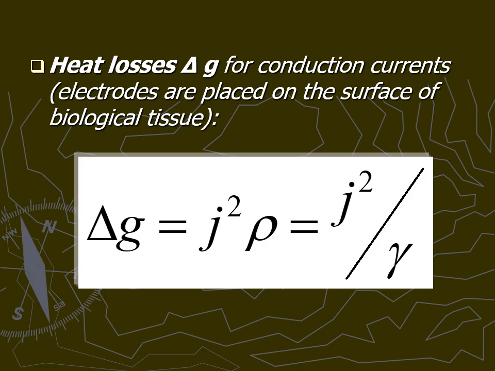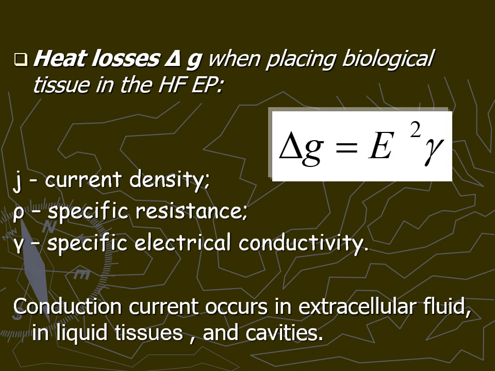And of course, with regard to conduction currents, heat losses will occur in those tissues that are rich in liquids, where we have ions that lead to the appearance of conductivity.